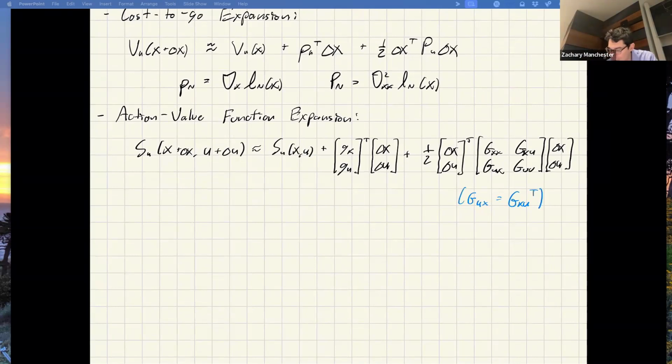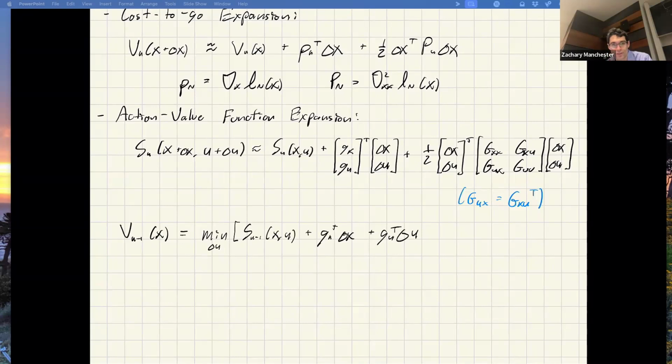We can write down v_{k-1} of x, the value function or cost to go at one step back in time. We're going to do min over delta u of this whole thing. I'm plugging in the Taylor expansion, so the constant drops out. Then I've got the gradient terms.